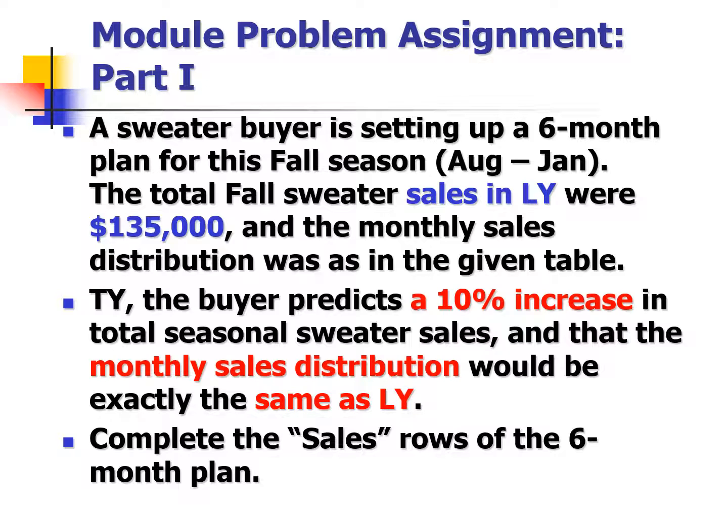Sales LY, which is last year's actual dollar, last year's actual percent, this year's planned dollar, and this year's planned percent, those 4 rows. The months of the fall season, August through January, are given, and then the total column is all the way on the far right side of the chart, right?